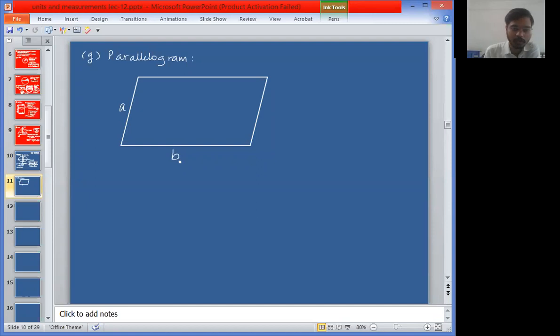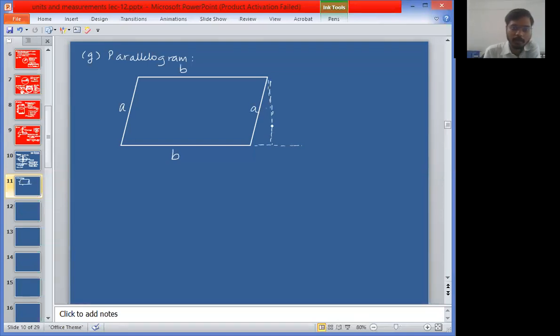Okay, sir. Absolutely no problem. And there is one more parameter for the parallelogram, which is called the height of the parallelogram. Check which is the larger side. B is the larger side. This B is also the larger side. If this side is A, this side is also equal to A. To find the height of the parallelogram, you can extend this line and draw a perpendicular line from this.